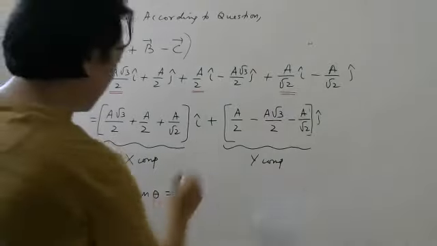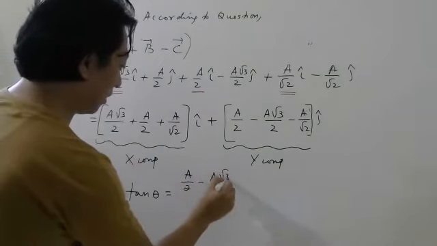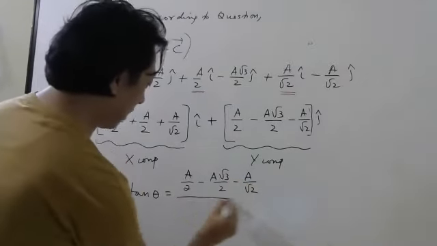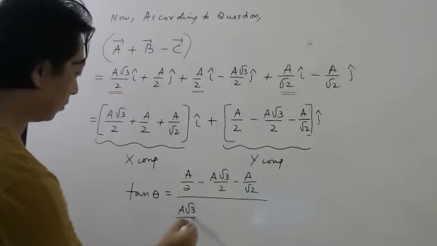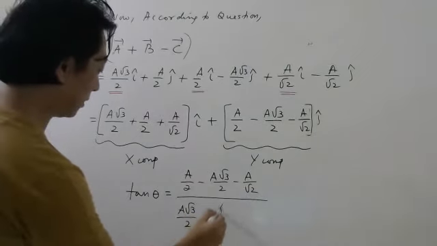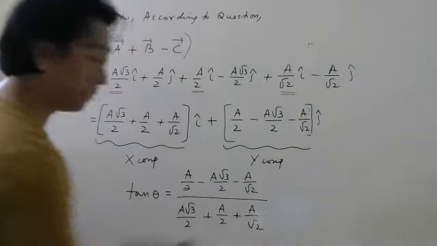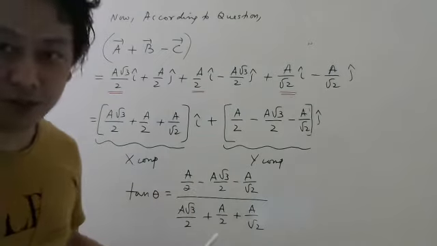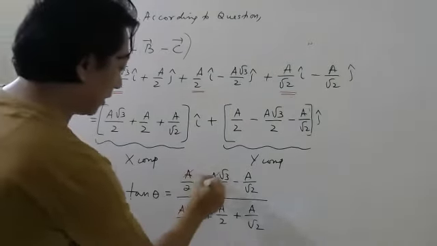So what is the y component? A by 2 minus a root 3 by 2 minus a by root 2, divided by a root 3 by 2 plus a by 2 plus a by root 2. Now you can see in the numerator also, in the denominator also, a is there. So you can take a common and cancel a.